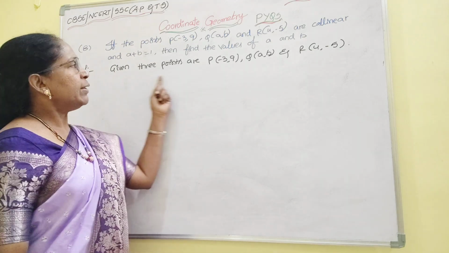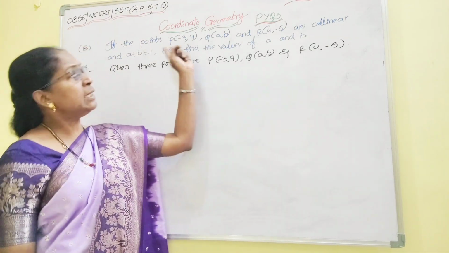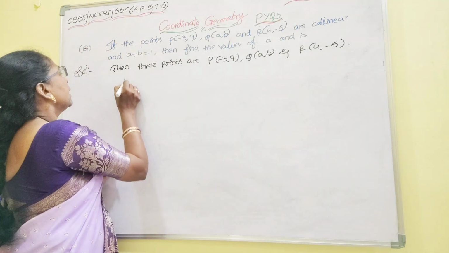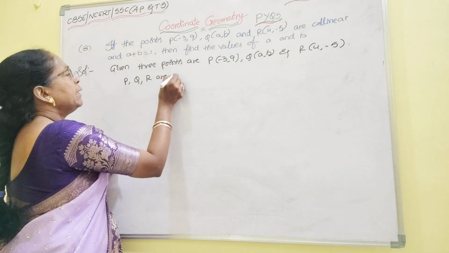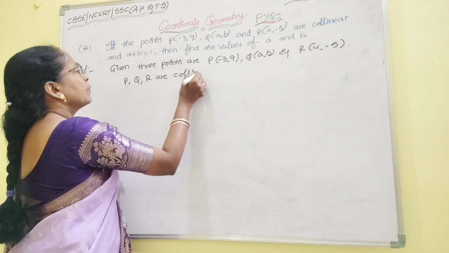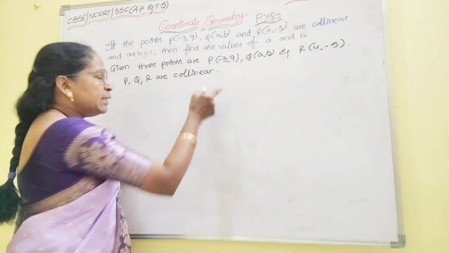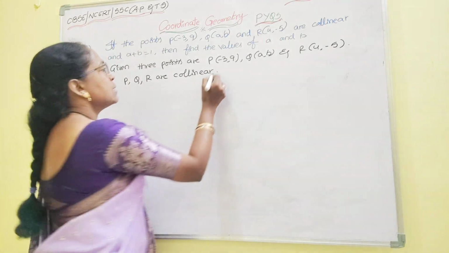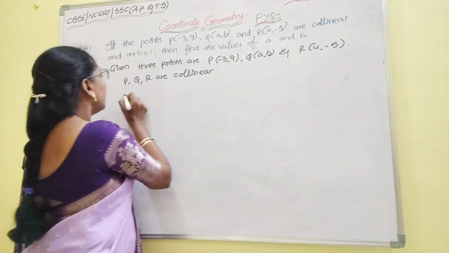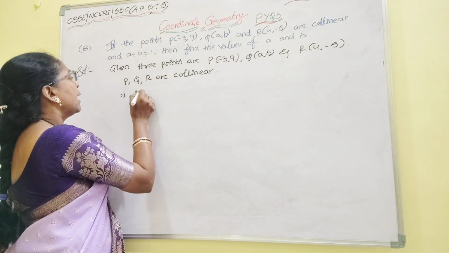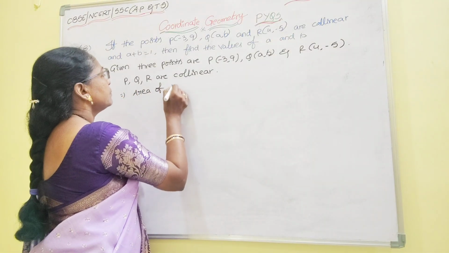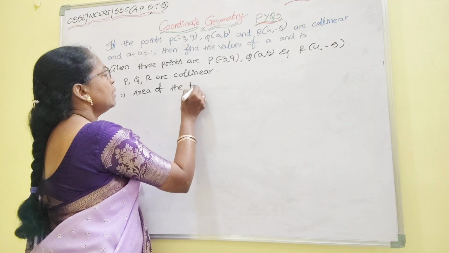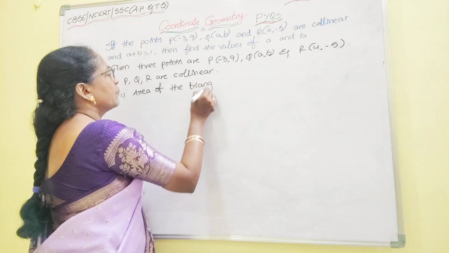These three points P, Q, R are collinear, which implies the area of the triangle is 0.